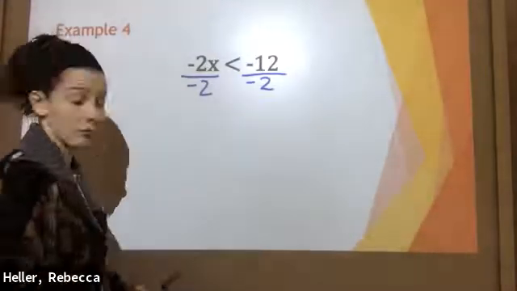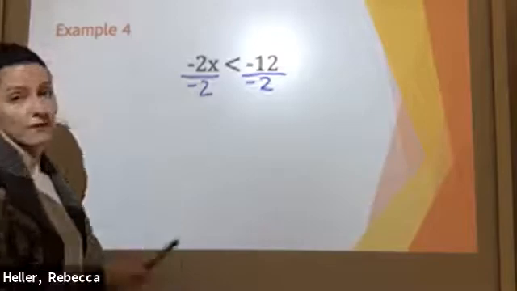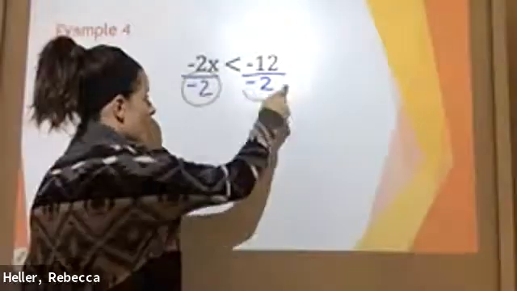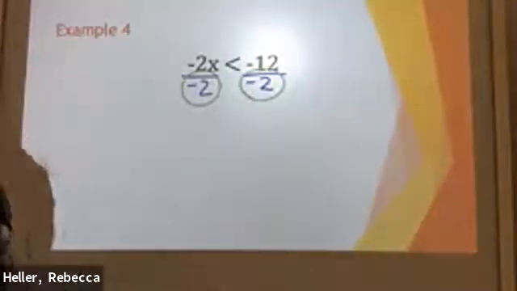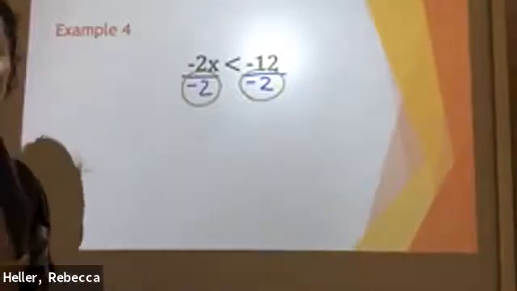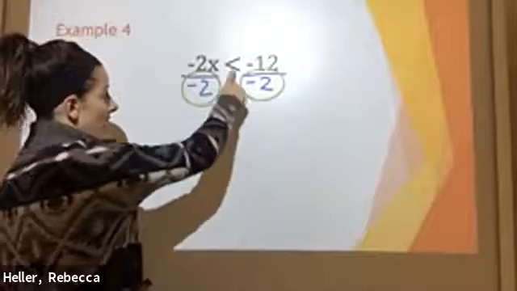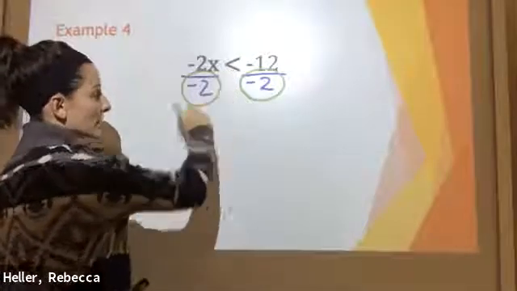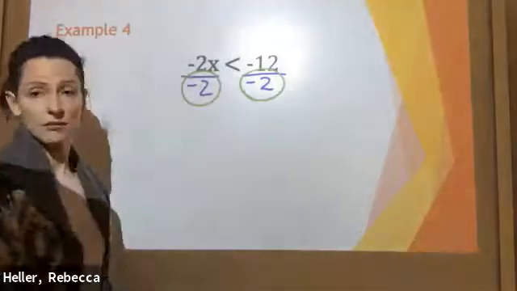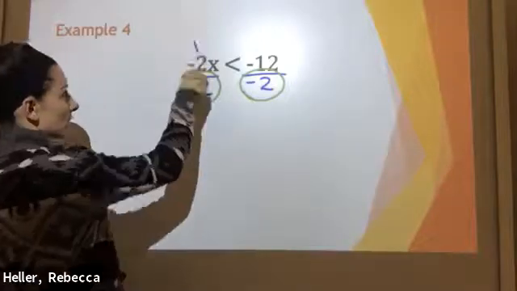Like I said in the rule, if you multiply or divide by a negative number, it's the number you're multiplying or dividing by. That's this number. If that is negative, whatever our original inequality symbol is has to reverse. Okay? So here's what happens.